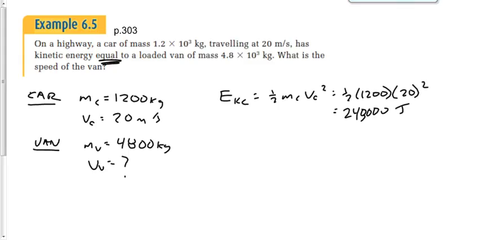But we know the kinetic energy of the van is exactly the same, so let's say EK van equals 1/2 mv squared. Rearrange this to solve for V. How do we do that? Well, we're going to take the kinetic energy, divide by 1/2 m, and then we're going to square root it.